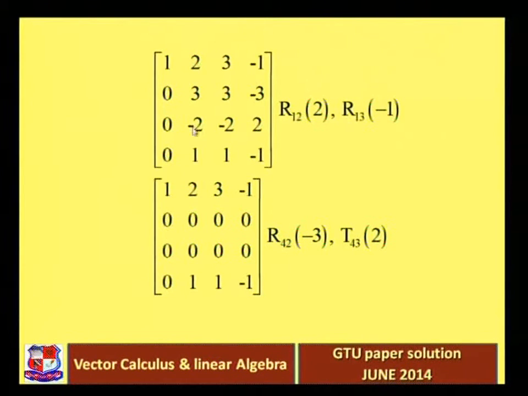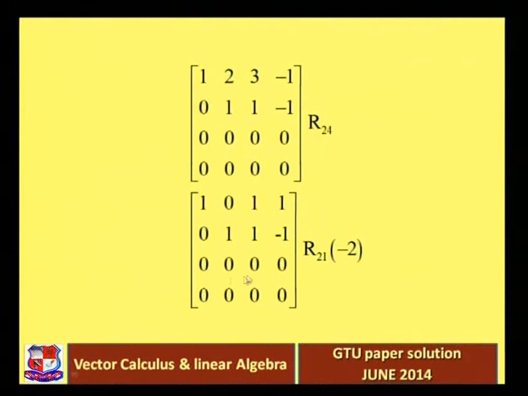So the second row becomes 0, because the second row is exactly a multiple of the fourth row, 3, 3, minus 3. Similarly the third row is exactly the fourth row multiplied by minus 2. So when we multiply the fourth row by 2 and add into the third row, it becomes 0.